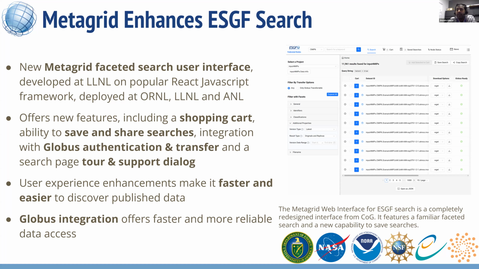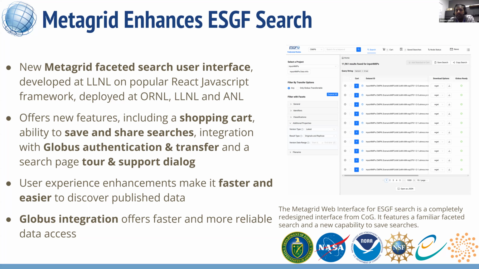If you are authenticated, you can save your searches, save your shopping cart, and share your search. It will give you a URL that you can pass on, or the JSON string for the saved search, so anyone you share it with can exactly duplicate the same search anywhere.